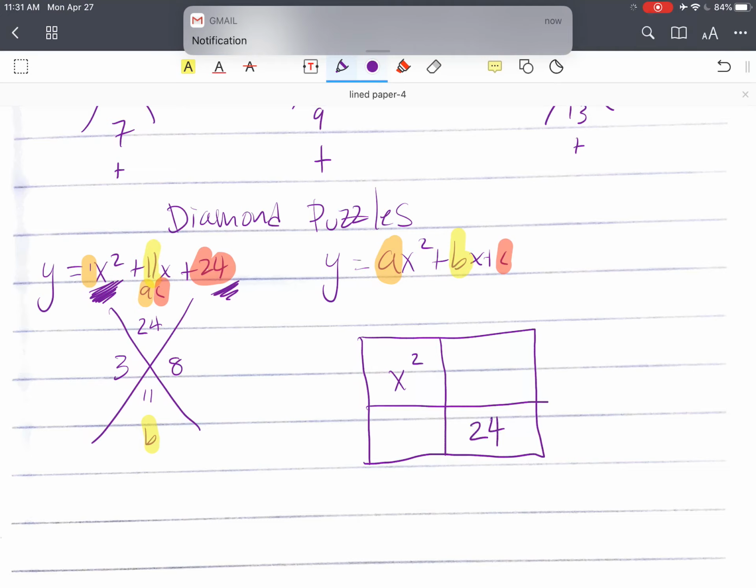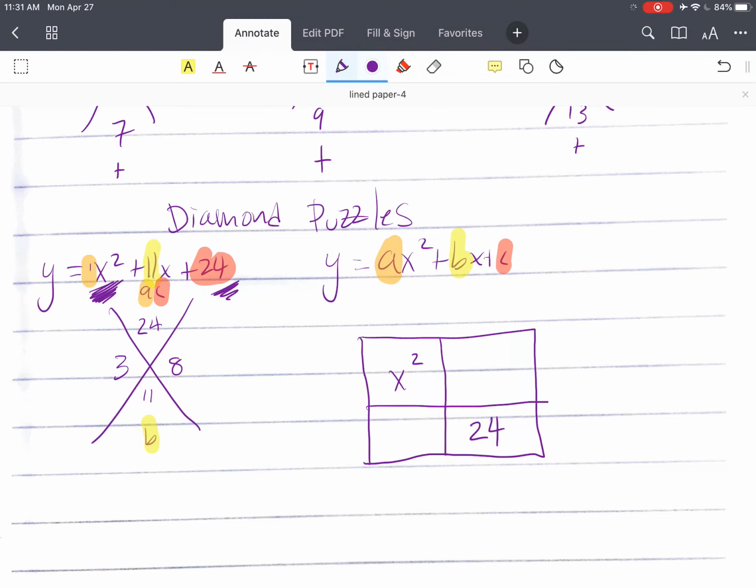And in the opposite corner, you're going to put 24. Now, what do you think you're going to put in those missing boxes? Yep, you're going to put the 3 and the 8. But it's not just a 3 and an 8. It's going to be a 3x and an 8x.